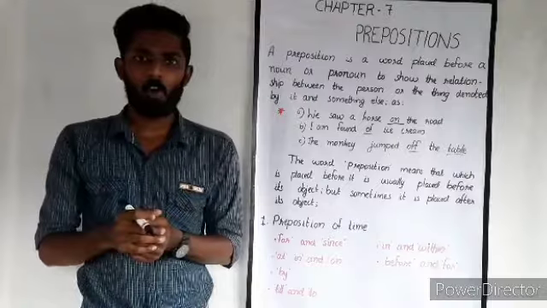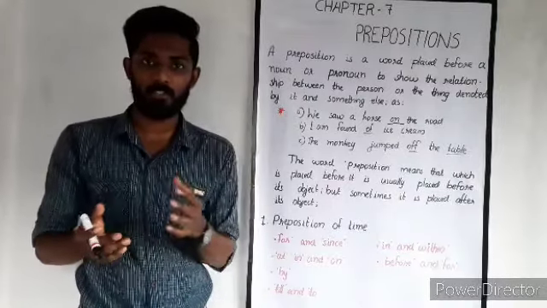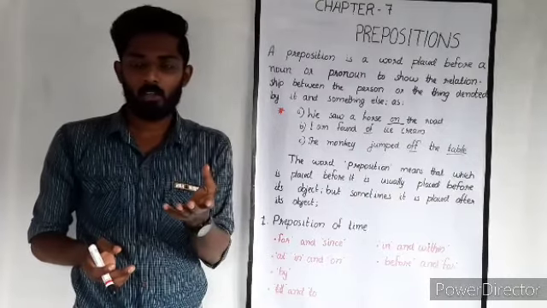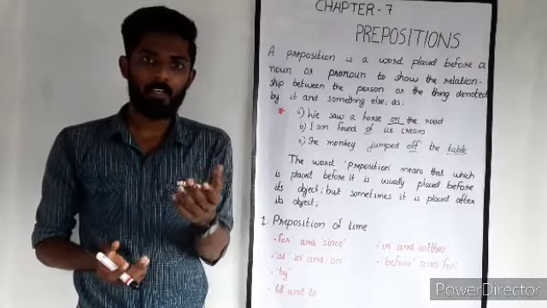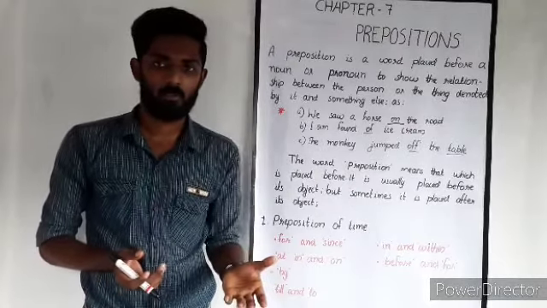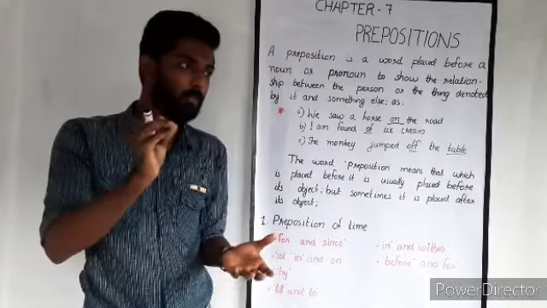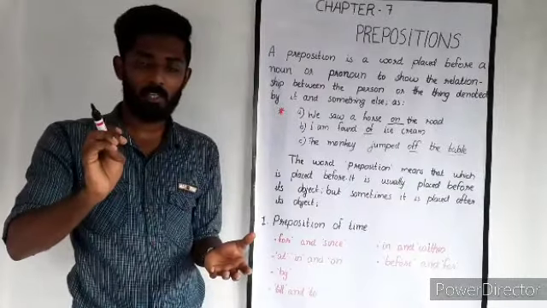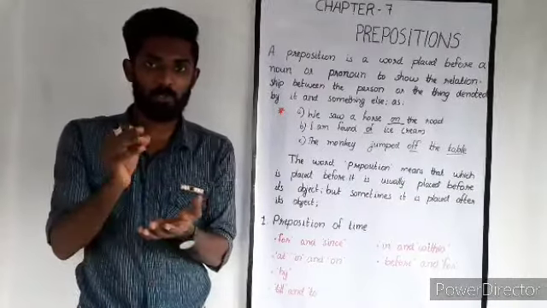Sometimes the object is placed first for the sake of emphasis, as in "Gandhiji is known all the world over," or else "that he insists on." So why do we use this? We place the preposition at the end for the sake of emphasis, in order to get the priority.